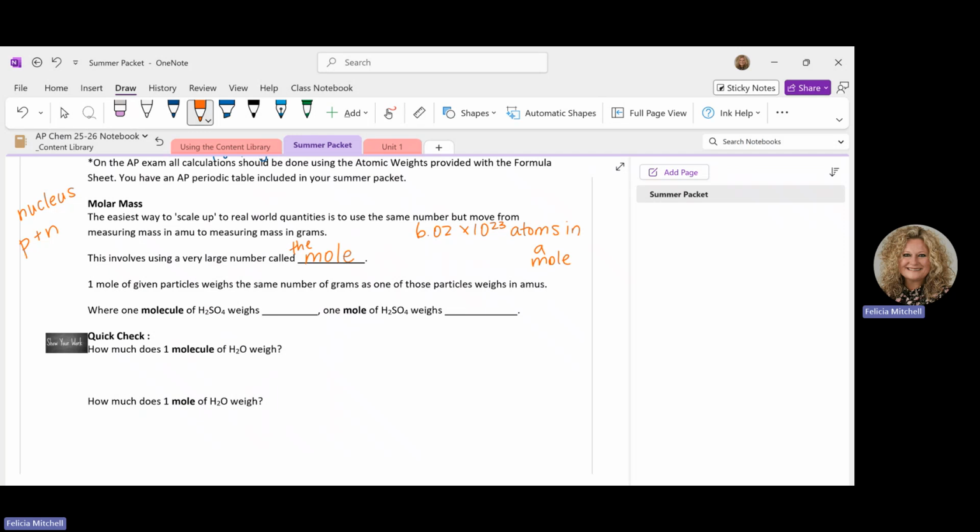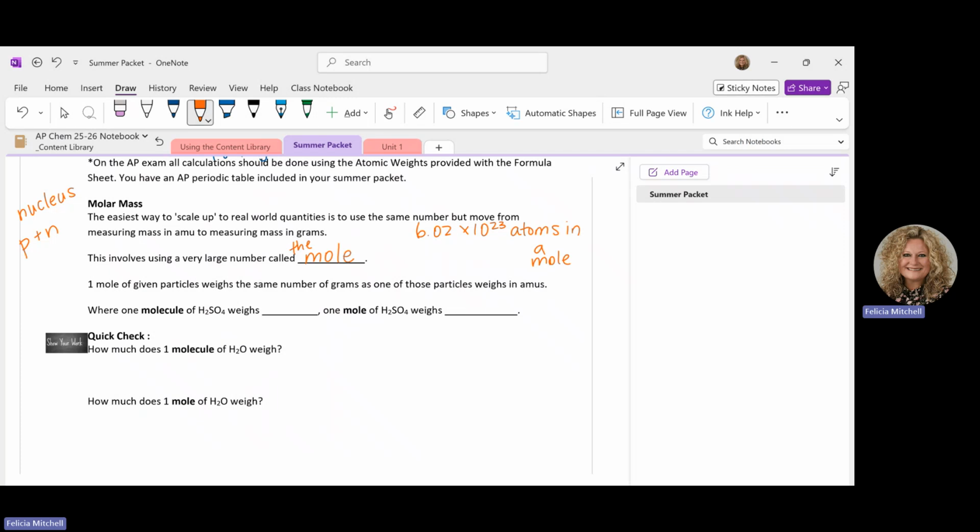We did use Avogadro's number to do some conversions last year with atoms and molecules. But the standard was carbon. They used carbon, the isotope that has a mass of 12. They said, okay, we're going to say that 1 mole of carbon is 12 grams. And that is how we're able to say that the grams on the periodic table are the amount of grams that are in 1 mole of substance.